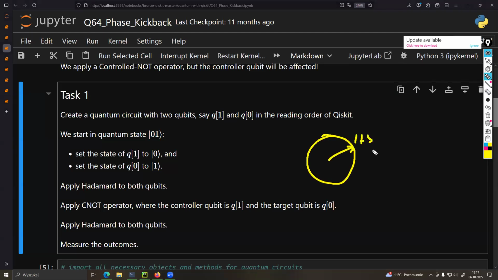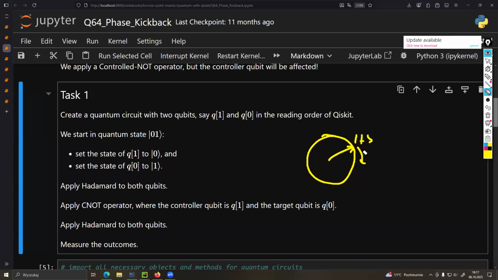It did feel to me like this, and that is why it wasn't so intuitive at first. We do a Hadamard, then a CNOT, so we do a conditional X, then we go back to 0.